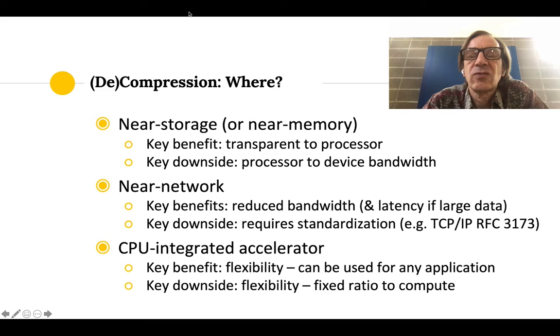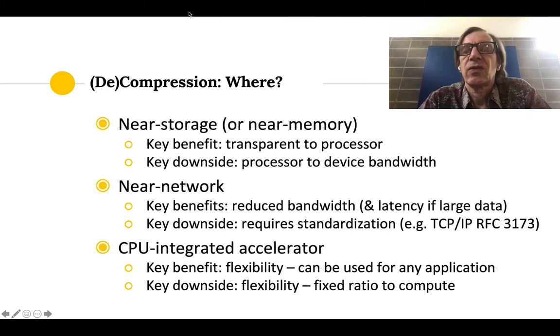The downside is that with networks, unlike with storage like memory that might be a part of the computer itself, you have less control over what happens on the other side of the network, and therefore standardization is required to ensure that what you do on the compression side can be decoded on the decompression side. And this does not only include the compression or decompression protocol itself, but also error handling, etc.